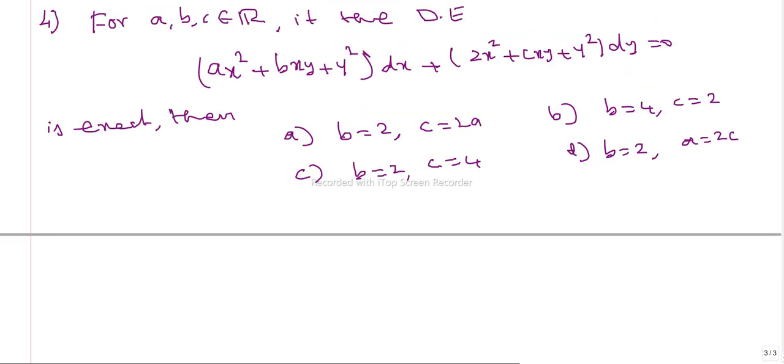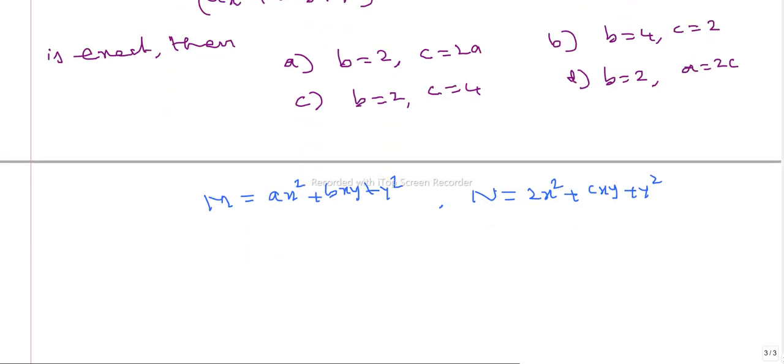So first you have to check whether the equation is exact or not. What is M here? M is ax square plus bxy plus y square, and N is 2x square plus cxy plus y square. Now differentiate M partially with respect to y. Therefore dou M by dou y is bx plus 2y, and dou N by dou x is 4x plus cy.